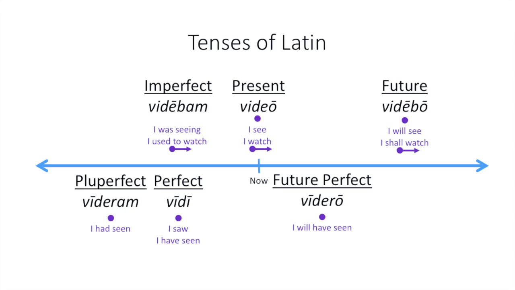So you'll remember that the future perfect tense comes after the present. After all, it's in the future. And then the perfect part means that it's a completed action. So it's something that happens before the future tense. So I will have seen an asteroid before it will hit the Earth.